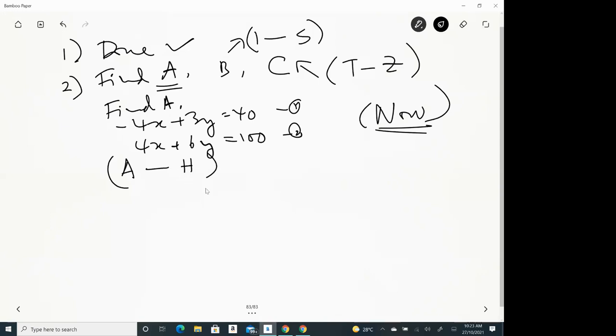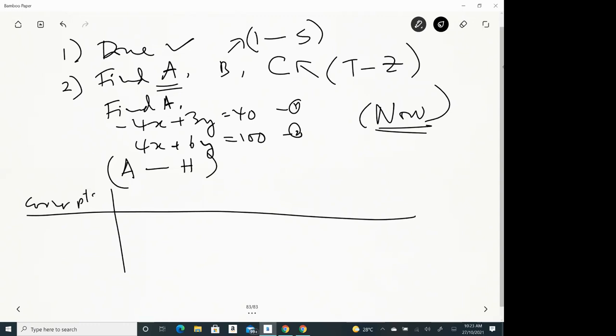X equal to 1.67. Okay, point A. What is point A? After you work this out, I will tabulate the points. So you table the points, okay? So here are the corner points. Point A, berapa tadi? 1.67.